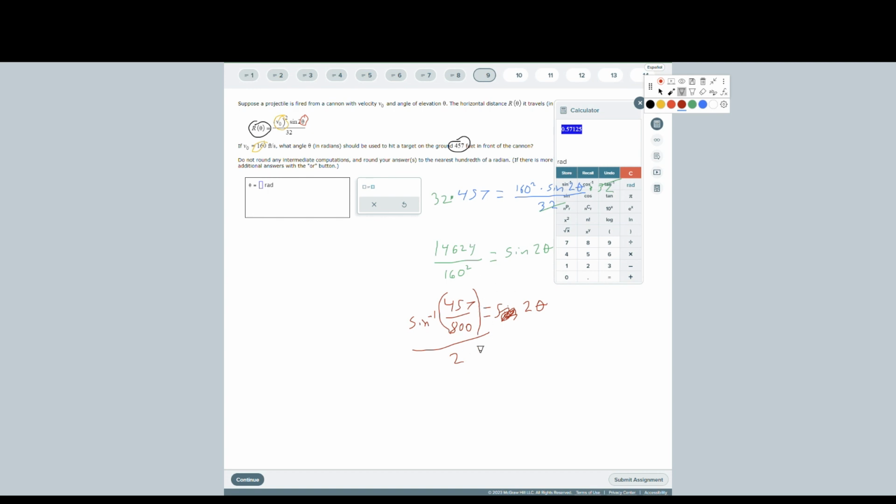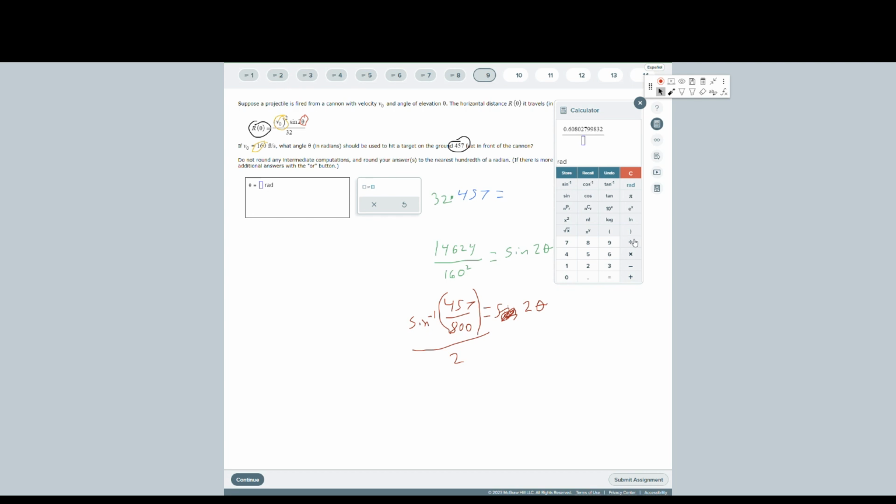So if our sine, well, we'll get to that here in a second. So to give this answer in rads, you want to make sure your calculator is in radians, and what we're going to do is take the inverse sine of 457 over 800.